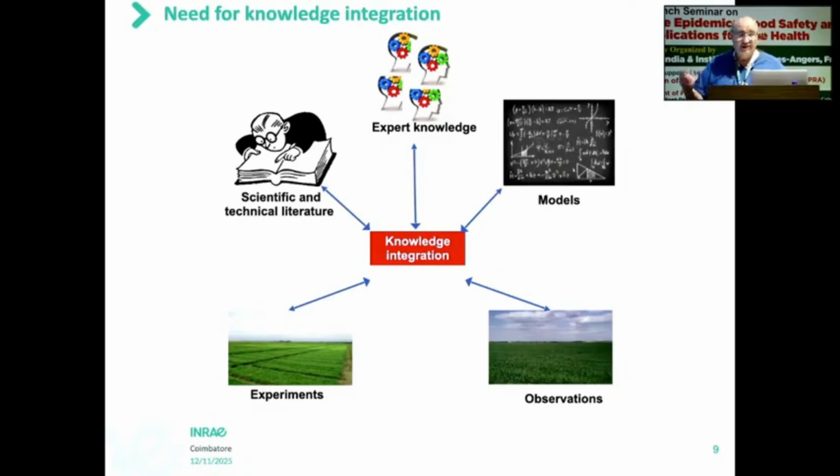So that's how we came up with the idea of designing models without using any equation. And it was very successful because many teams were able to use all that type of existing knowledge, including expert knowledge, in order to design. So it's a very easy way to design models.